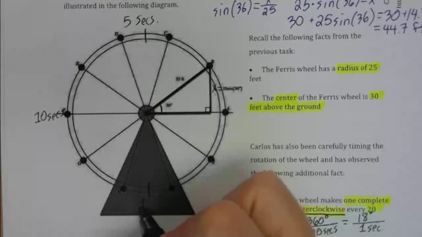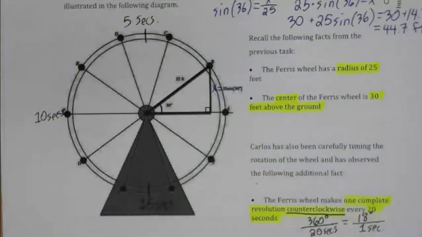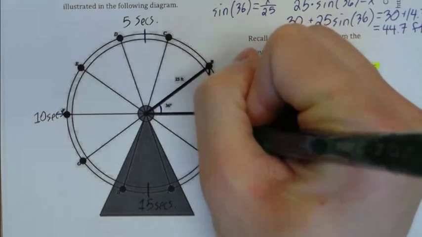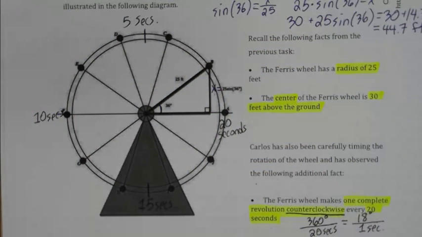We'd have 15 seconds for 3/4 of a turn, and we'd have 20 seconds, which we already knew, for an entire turn. So anything between 0 and 5 seconds, we'd be able to use our first quadrant to find those heights.